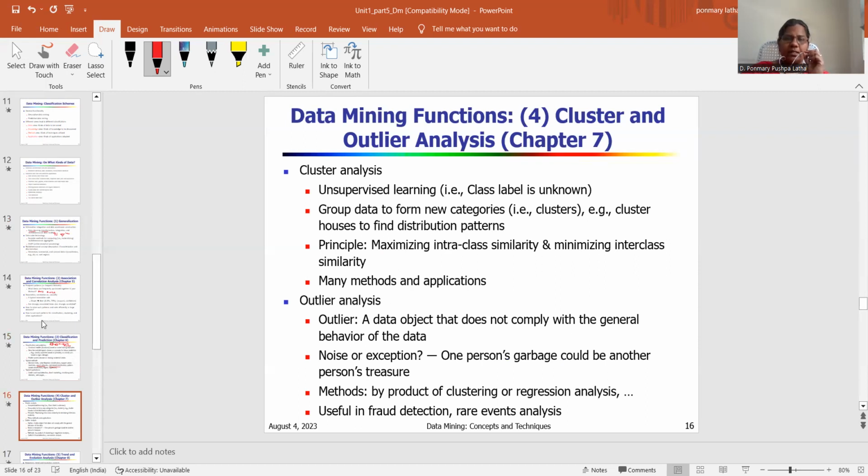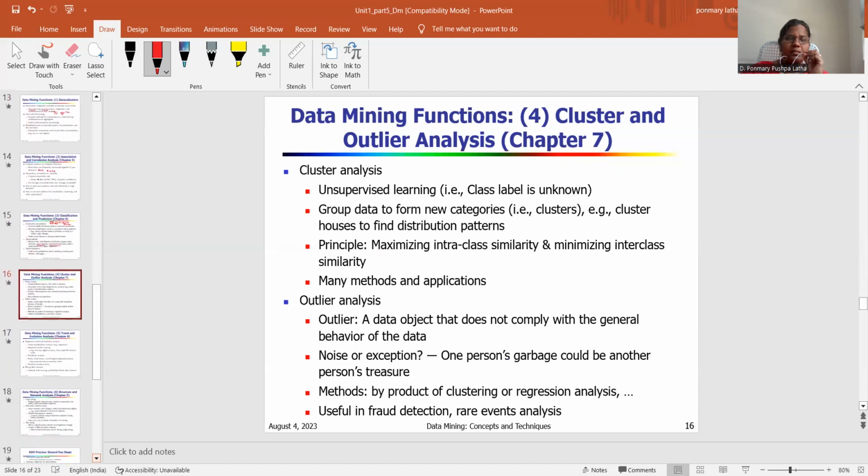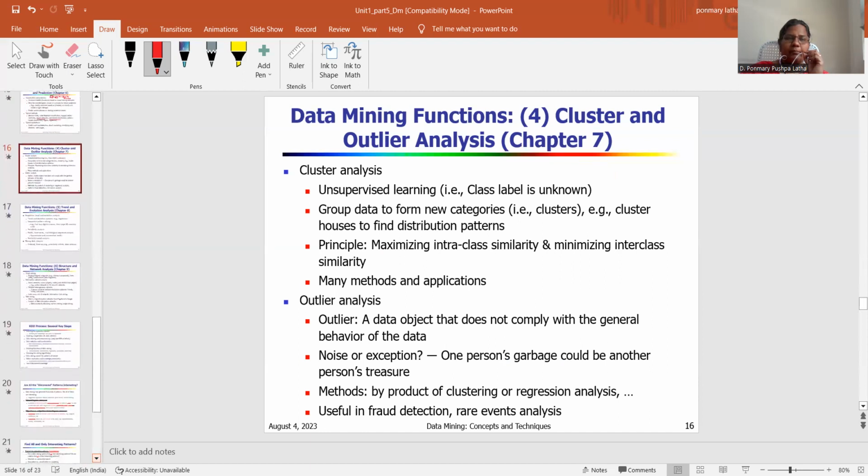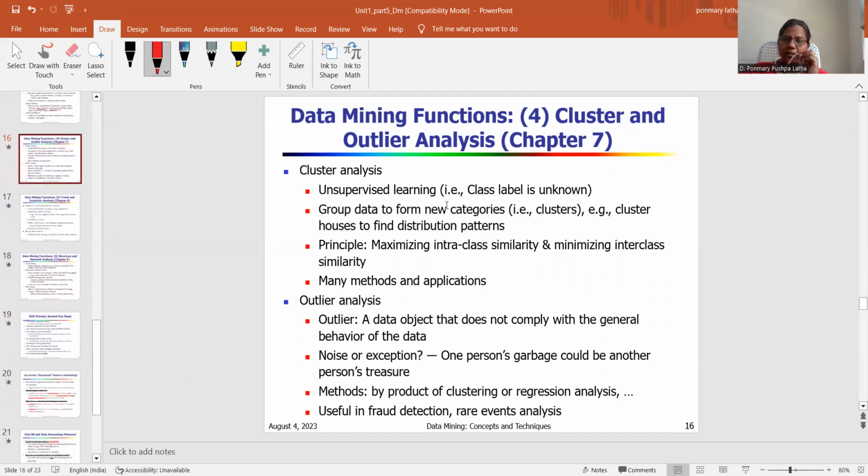The next function is clustering, and outlier analysis. Clustering is nothing but grouping the data. In this, the class label is unknown. For example, when we see a group, we will not take any class label.